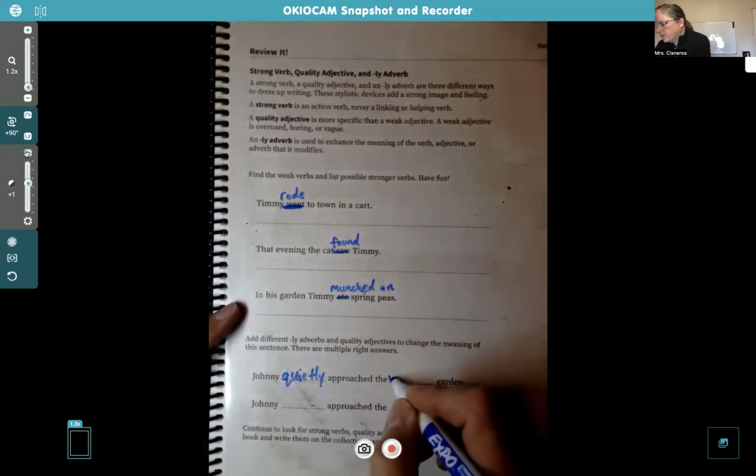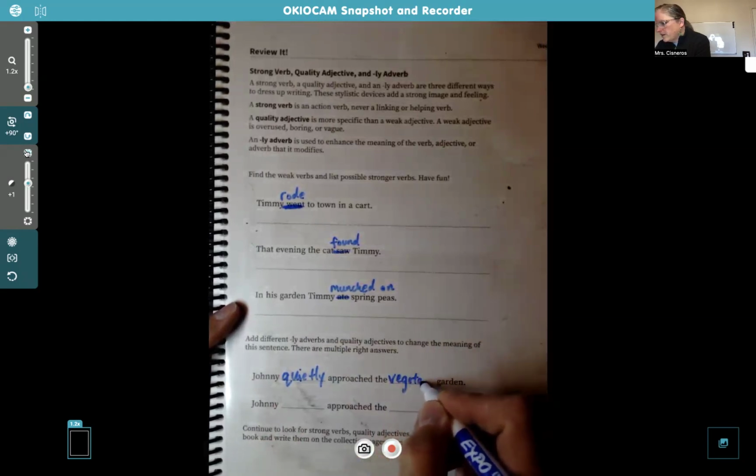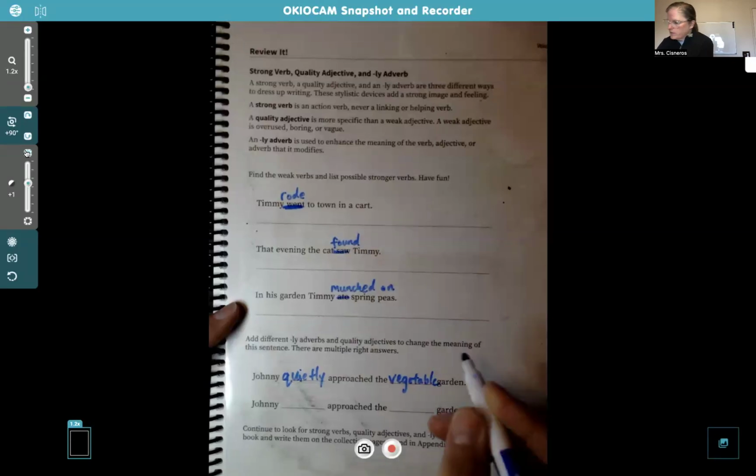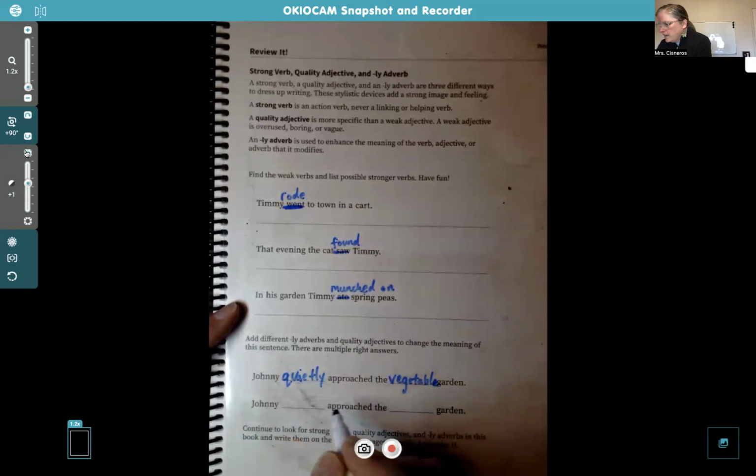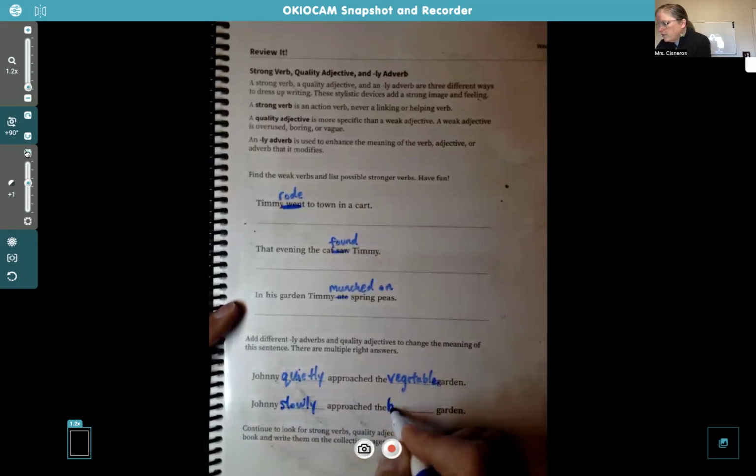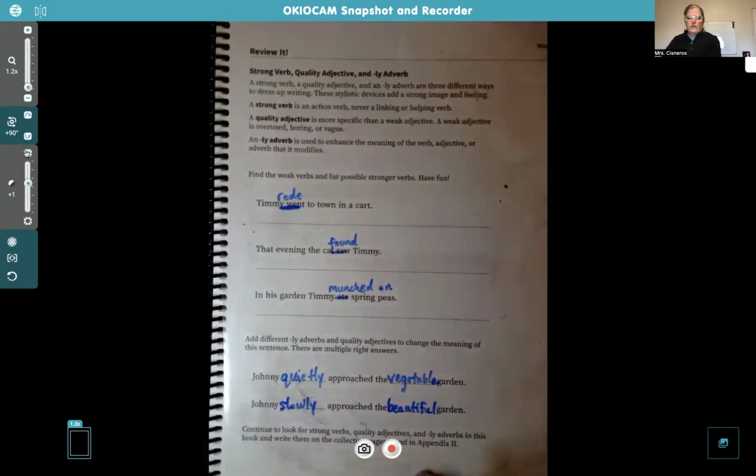Approached the vegetable garden. That's telling what kind of garden it was. Vegetables. Another one could be Johnny slowly approached the beautiful garden. Now, there's a lot of answers for this, so you can write what I wrote, or if you have different words to use there, you can use your own.